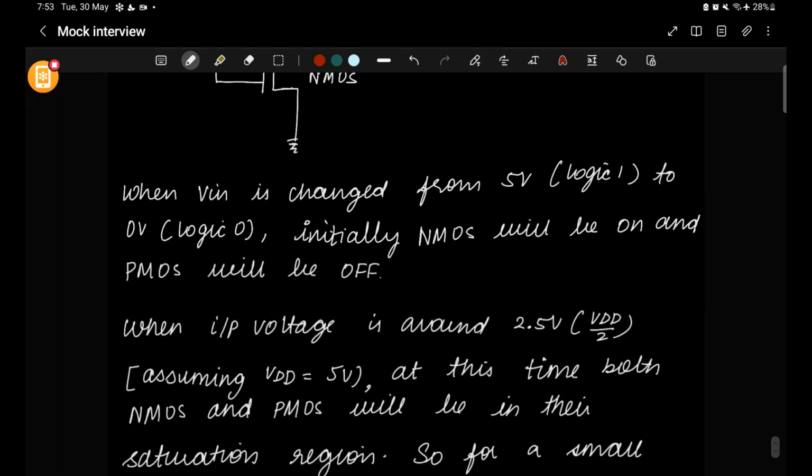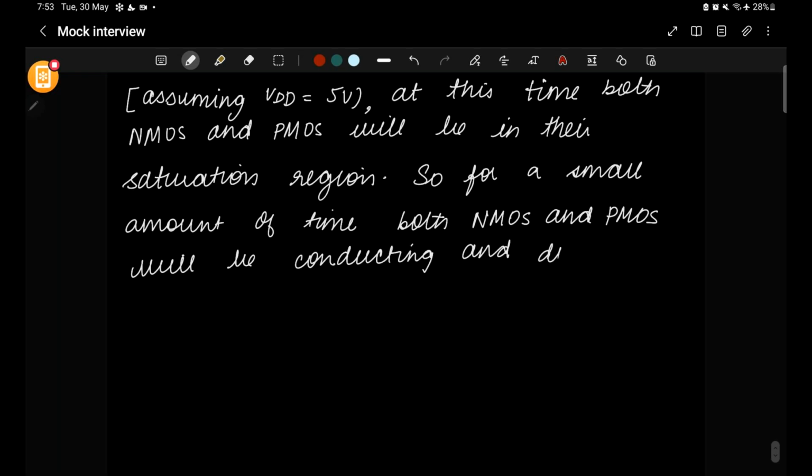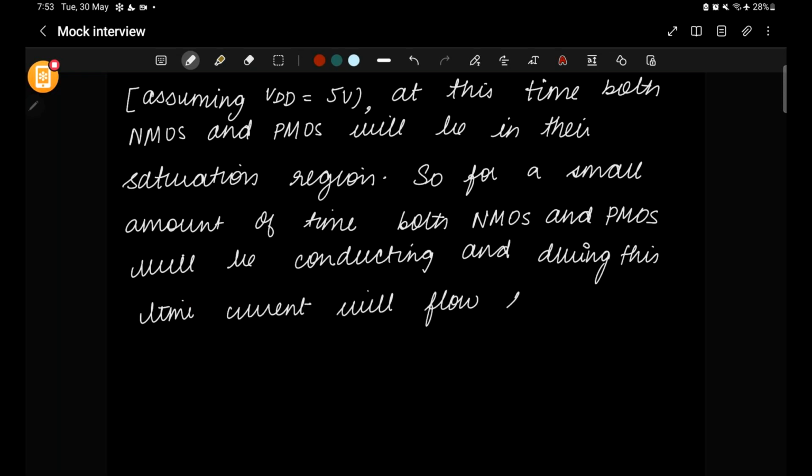And during this time, current will flow from VDD to ground.